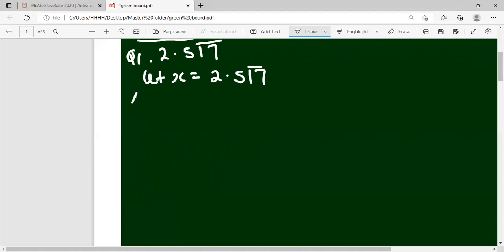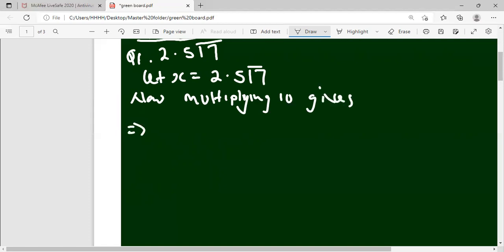Now, for example, if we multiply by 10, what does it give? It gives 10x, which is equal to 25.17, which is recurring. So if you multiply by 10 both sides, you get that.